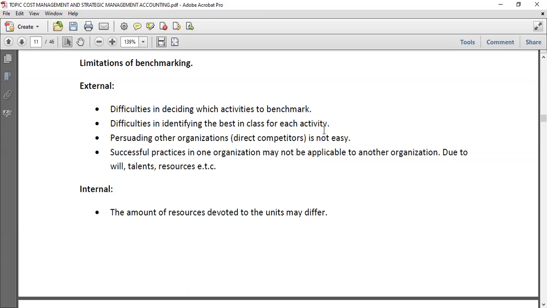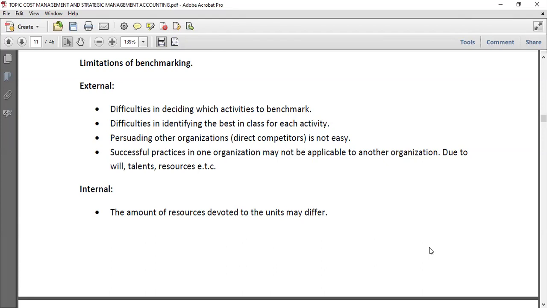And of course, identifying may also be difficult because you can't tell the production processes. This is like confidential information for some of the organizations, okay? Yeah. So persuading other organizations to allow you is also difficult, especially if you're a competitor and you want to benchmark with us, it's another story, okay? And then successful practices in one organization may not be applicable.